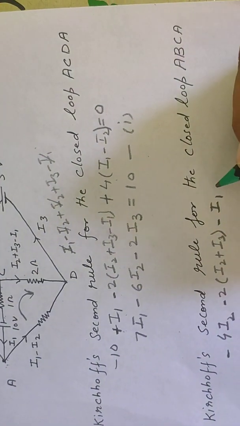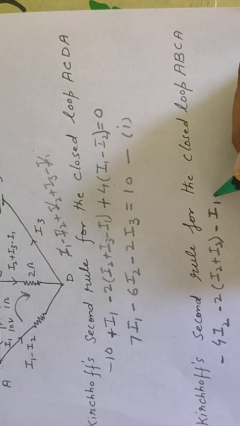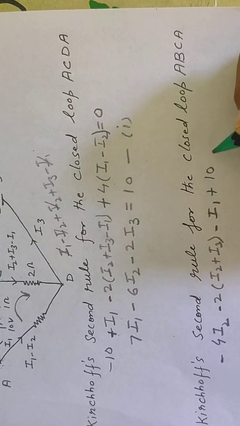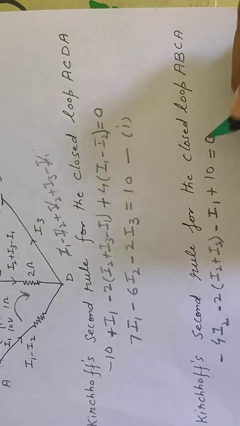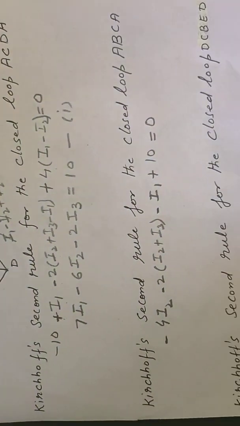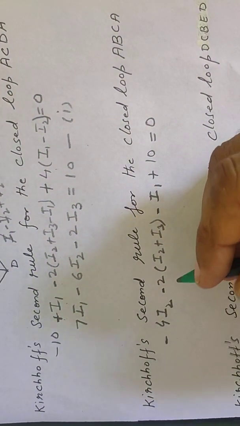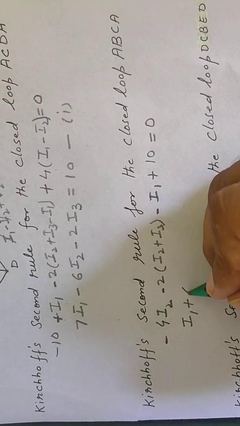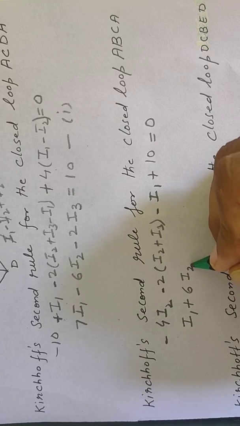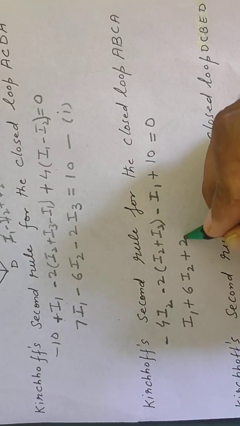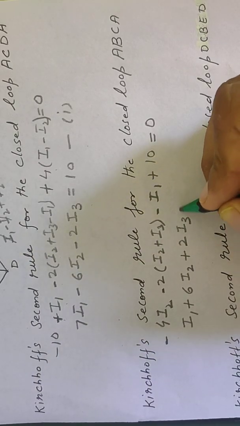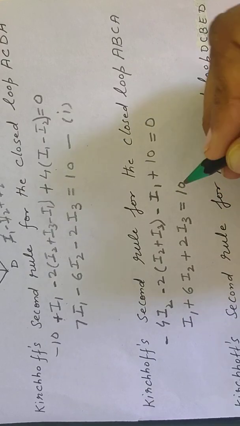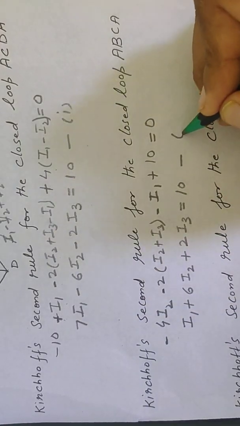So here we get 10 volt is equal to 0. Now rearranging this, we get I1 plus 6 I2 plus 2 I3 is equal to 10. We name this the second equation.